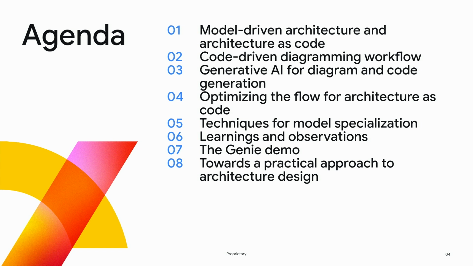In this session, we'll start with some core concepts of model-driven architecture and architecture as code, and then we'll take a look at architecture diagrams as a first step in the process, diagrams that can be designed in a code-driven way. Then we'll look at the role of generative AI for generating code and diagrams.